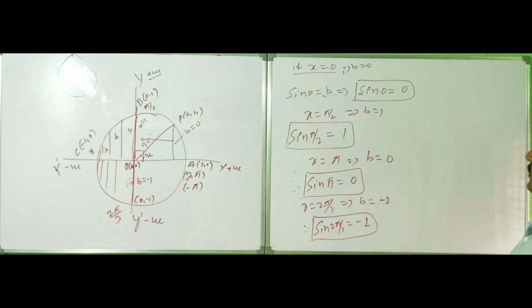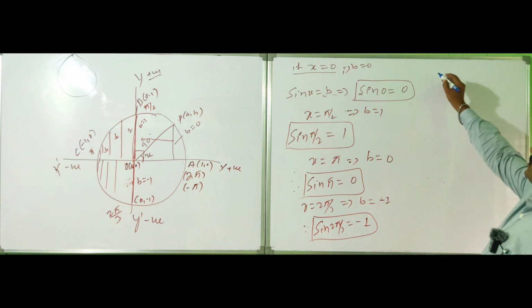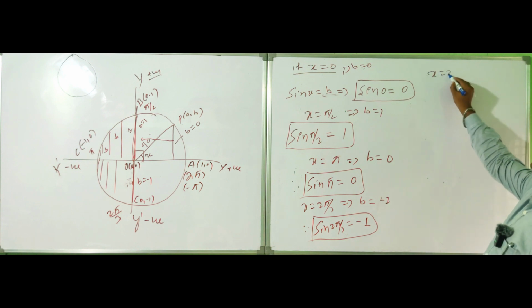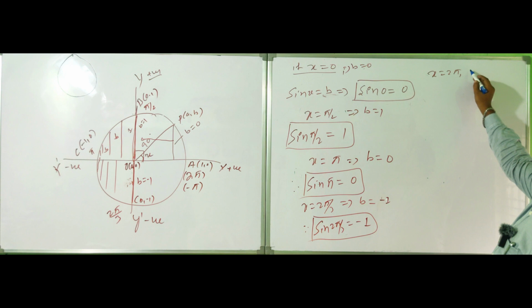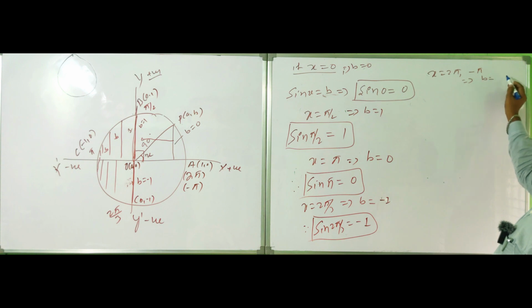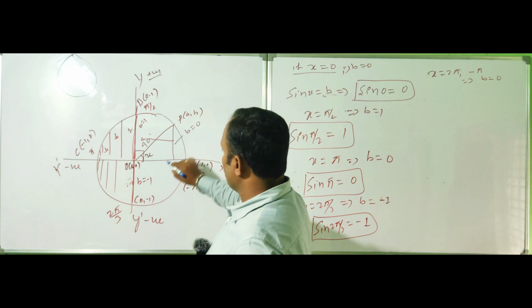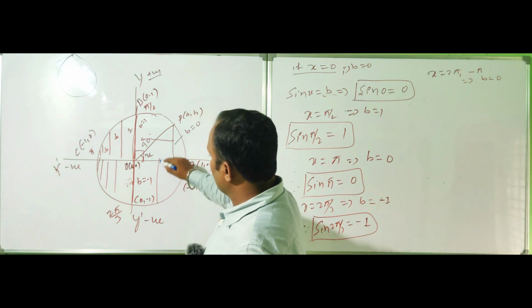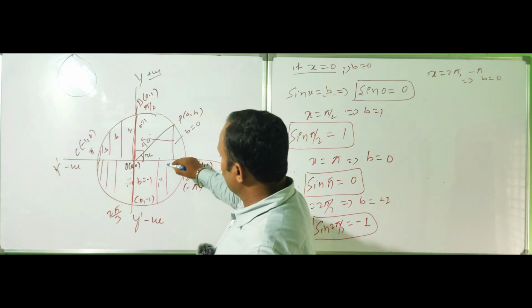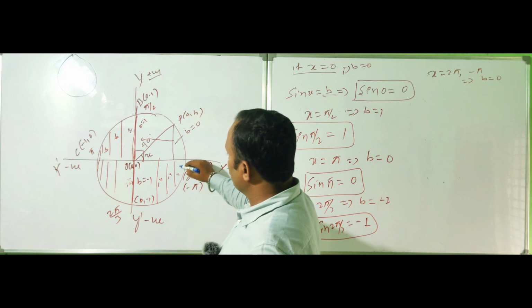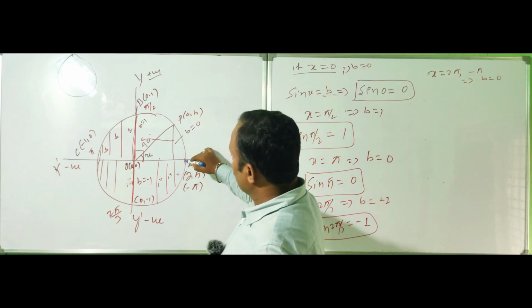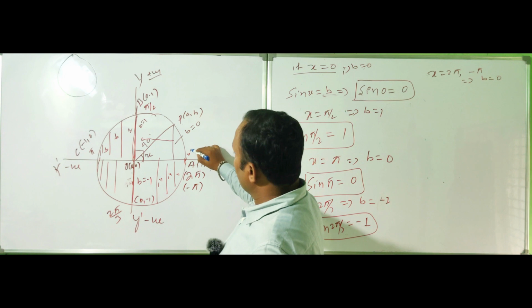Next, again, for x is equal to 2 pi or minus pi implies b is equal to again 0. See, b here becomes minus b, and at this point b becomes 0.